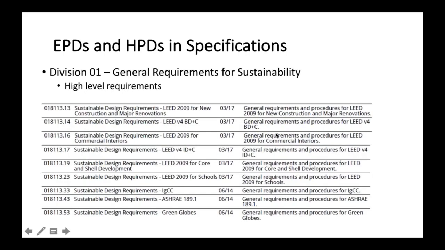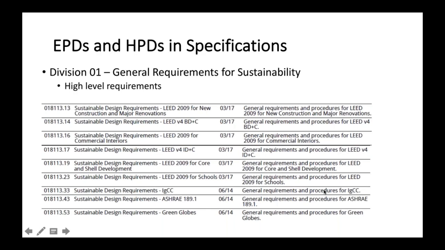So then the next thing you've got to figure out is, okay, are they using a sustainable design scheme? Within MasterSpec, we support several design schemes: LEED 2009, version 4, IGCC, ASHRAE 189.1, and Green Globes. So you'll typically find a specification section also in Division 1 that talks about the specific rating system, but then some specific requirements that are in there.